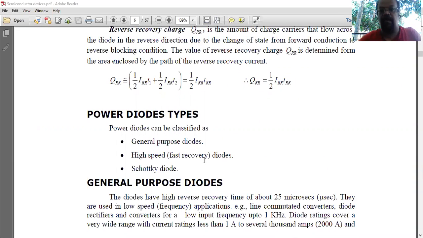At the time of on, the voltage comes down while the current increases. The device starts conducting as the voltage across it comes down, so this makes a triangle. I will show it in further slides. That leads to some losses.